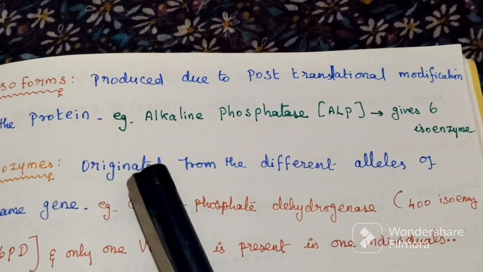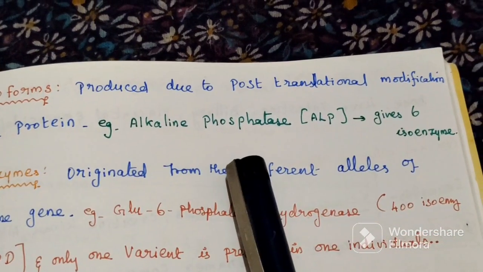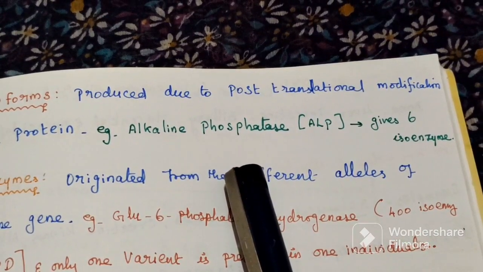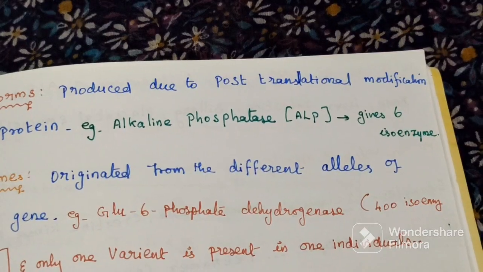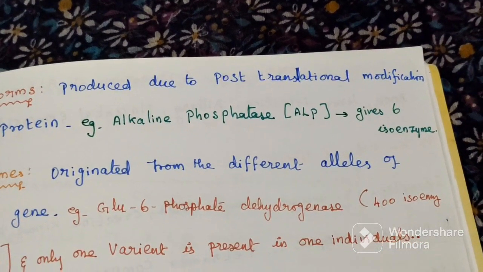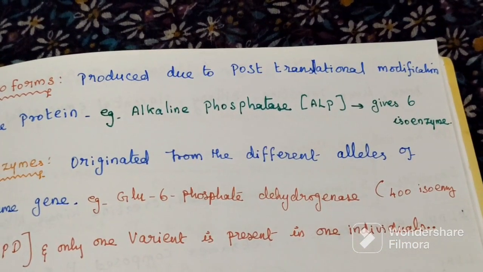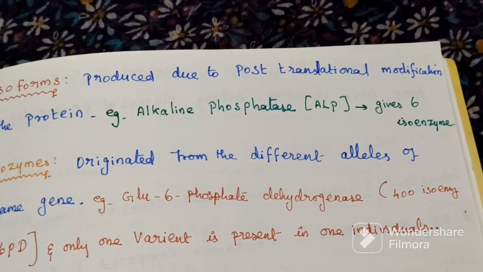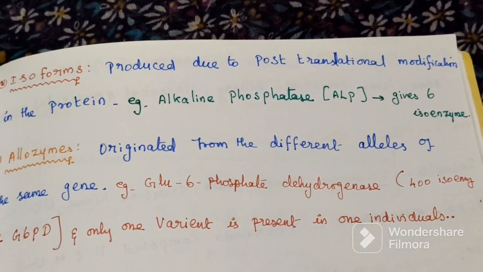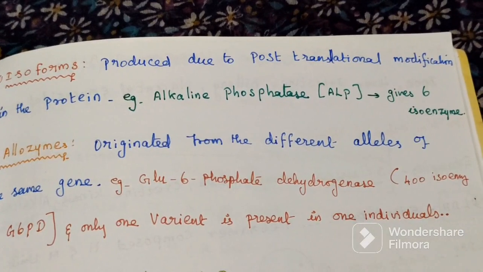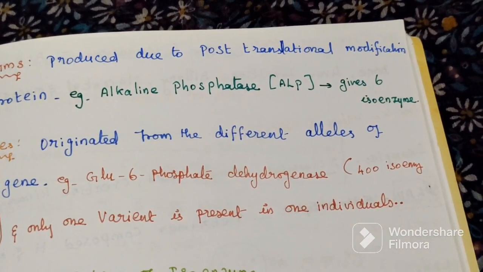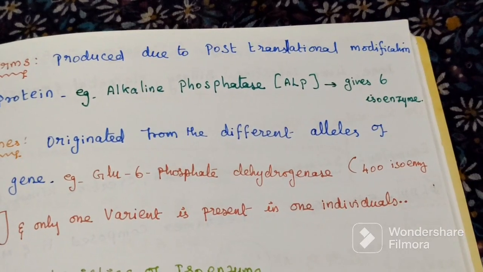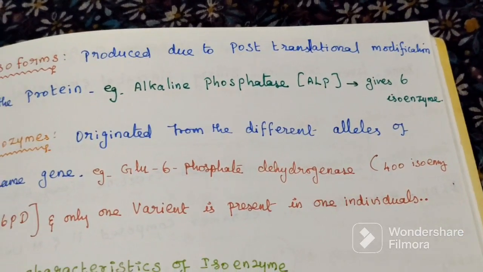For example, alkaline phosphatase. It is due to sialic acid content or carbohydrate content in alkaline phosphatase. It gives 6 isoenzymes of ALP. It is due to the post translational modification of protein.